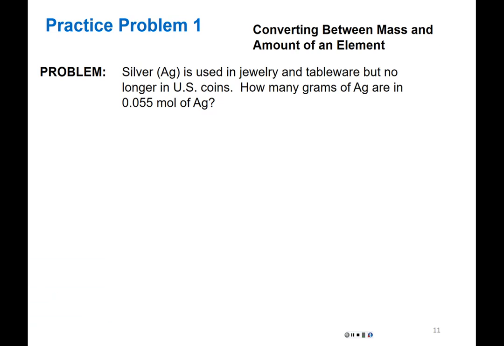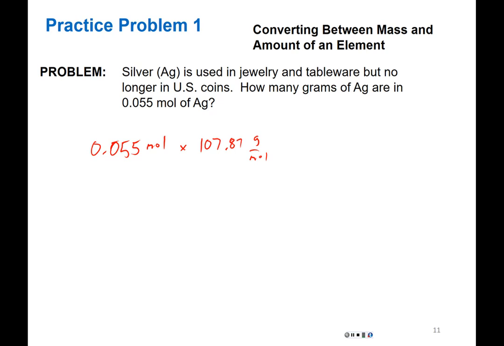We have the number of moles, 0.055 moles, and we need to get number of grams, so we're going to use molecular weight. In this case, we're talking about silver, so we look up on the periodic table and find the atomic weight of silver. And that is 107.87 grams per mole.